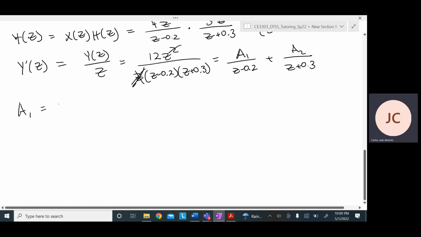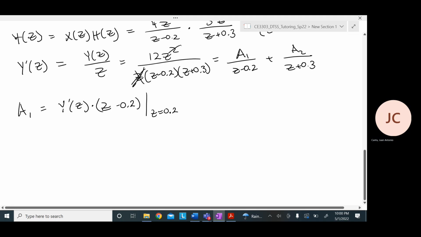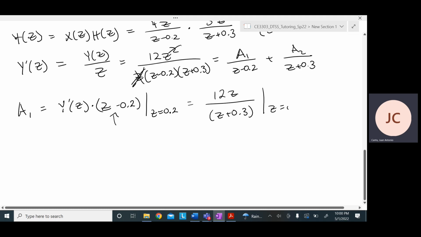We've got Y prime of z times z minus 0.2, and this is going to be evaluated at z equal to 0.2. Right, that'll make that term go to 0. So that should give us 12z over z plus 0.3 evaluated at z equal to 0.2.